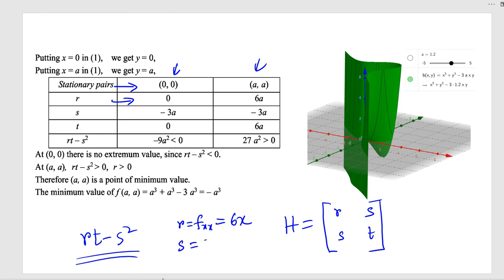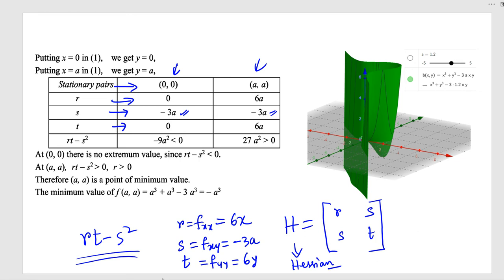S we have calculated, fxy, as minus 3a, and the T value we have calculated, fyy, is 6y. Now the S value is minus 3a at both points, and it is not dependent on x and y, so these values are actually equal.